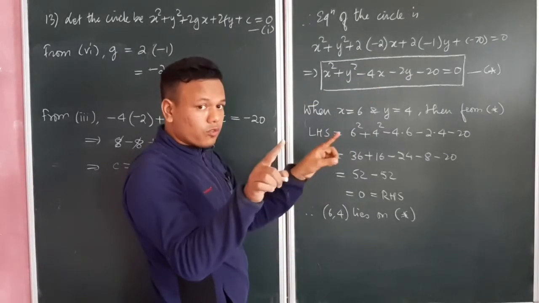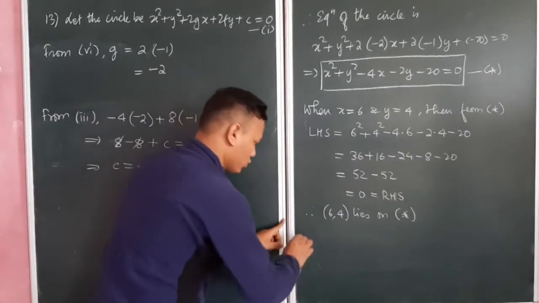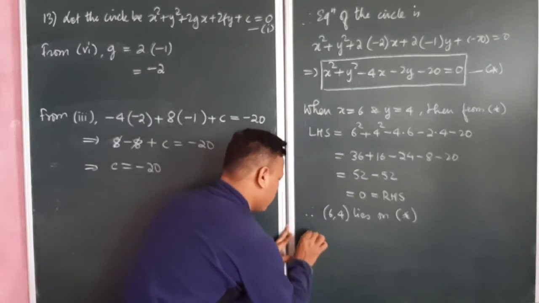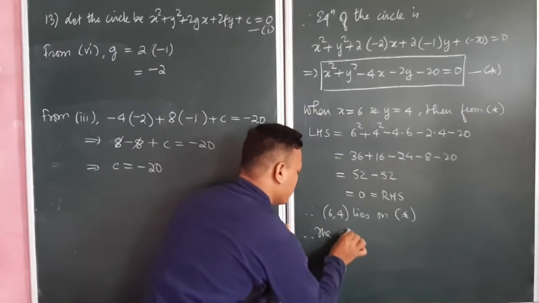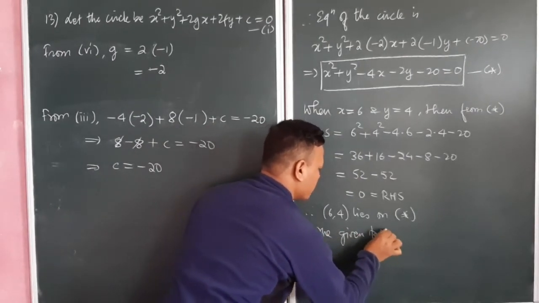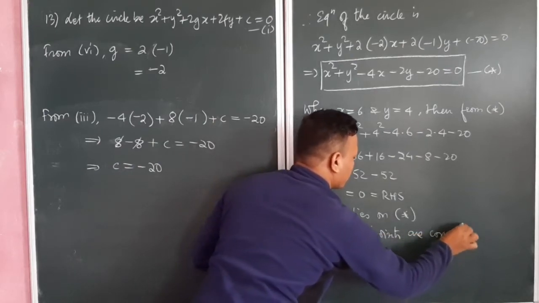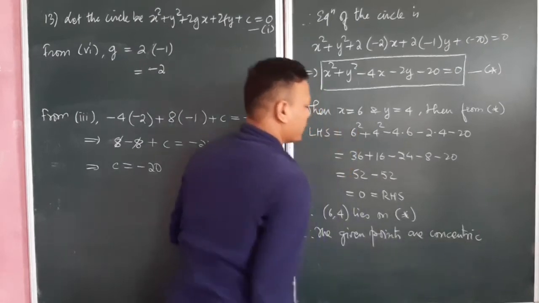This means the given 4 points are concyclic. You will write that by yourself: therefore the given points are concyclic. So I have proved that they are concyclic.